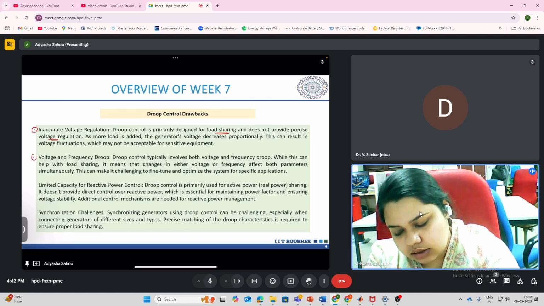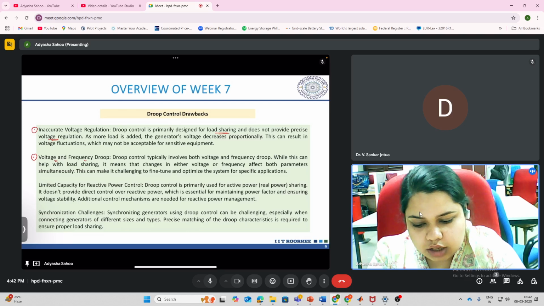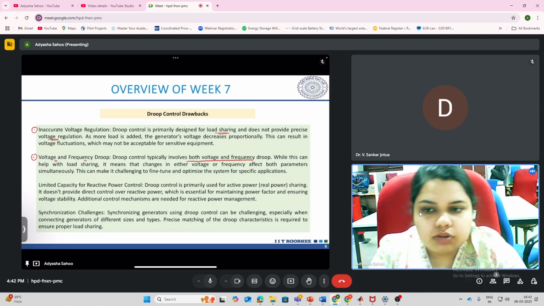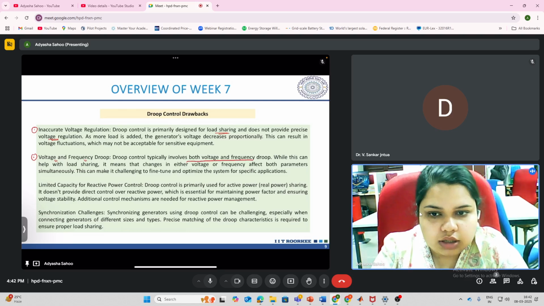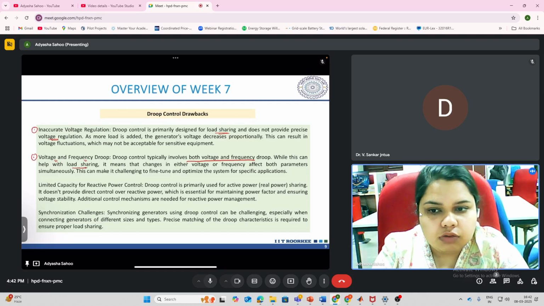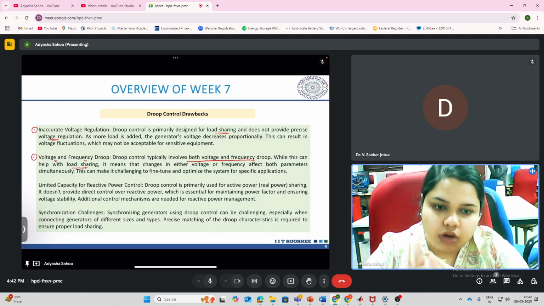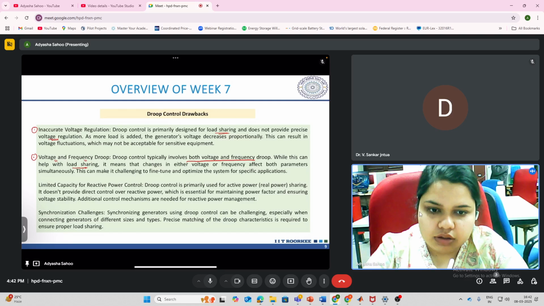Now, secondly is voltage and frequency droop. Basically in the droop, you have both the voltage and frequency. Since both of them are closely related, although it helps in good load sharing, due to the effect of voltage and frequency on each other simultaneously, it is very difficult to tune the droop coefficient R, because you need to control the voltage and also control the frequency.